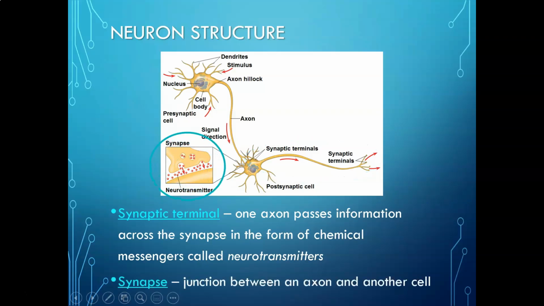And so there's the synapse. That's the actual junction itself, between the axon of one neuron and the next cell. And that next cell could be another neuron, or it could be some other sort of cell, like a muscle cell, for example, or a connection to a gland.